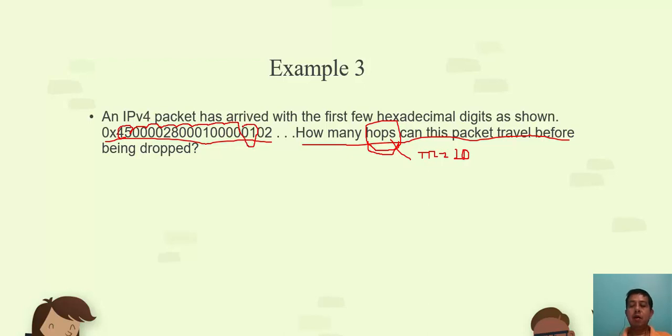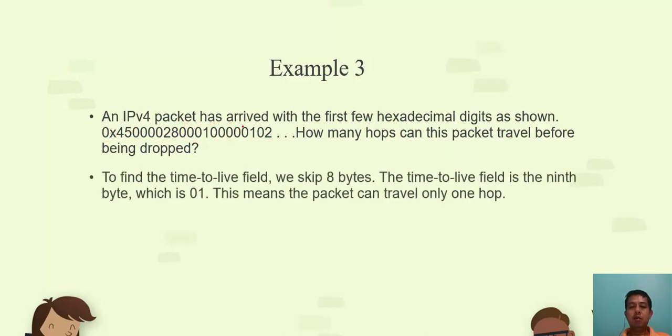So in this case, the TTL has a value of 1. So it indicates that this datagram, this particular packet, can go through only one single hop, because in the next hop, its value will be decremented to 0. Clear? So to find the TTL field, we skip 8 bytes. The time to live field in the 9th byte is 0, 1. This means the packet can travel only one single hop.